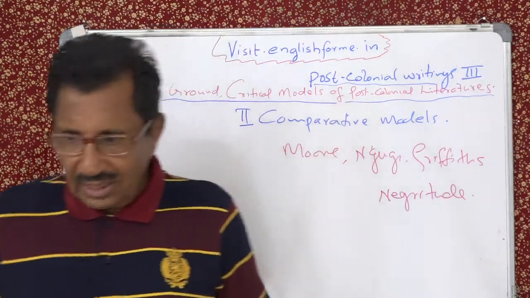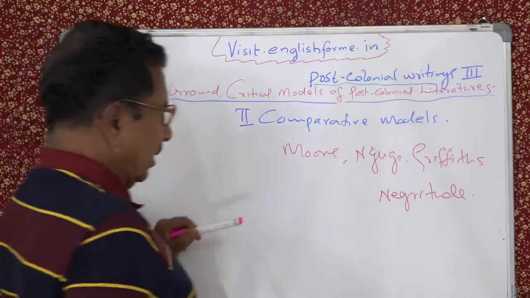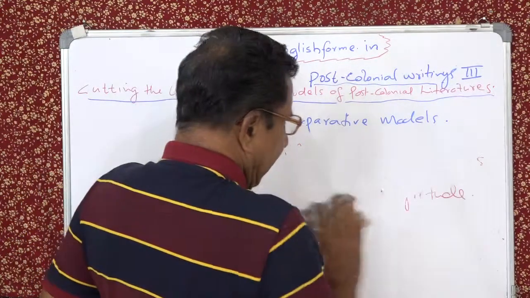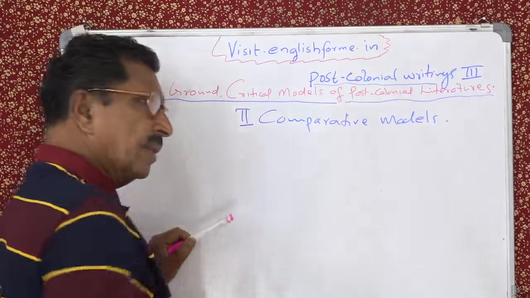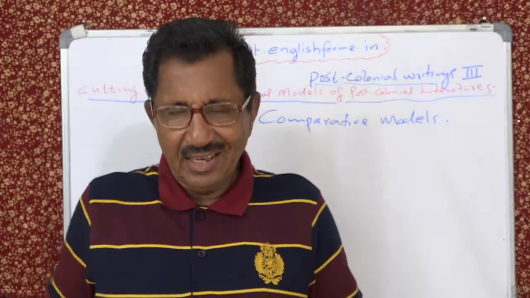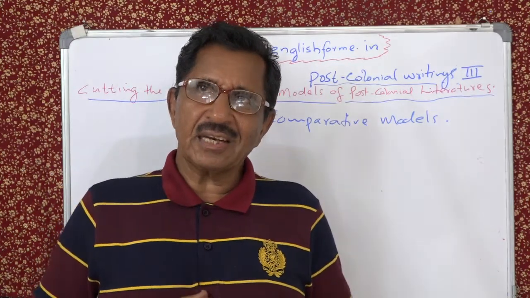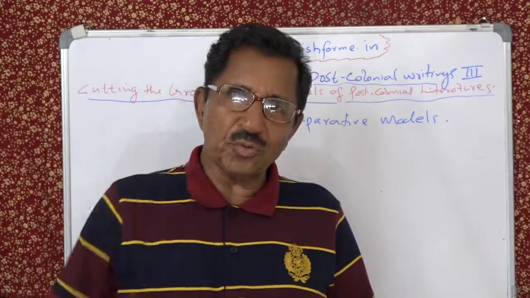Understand? Now the third one is, we have seen the comparison between black diaspora and white diaspora. Black diaspora means settlement, that's all. It refers, for example, to the settlements of Jews.